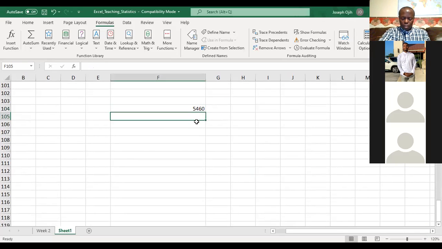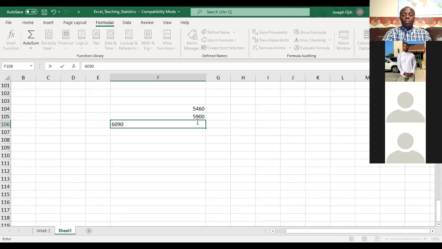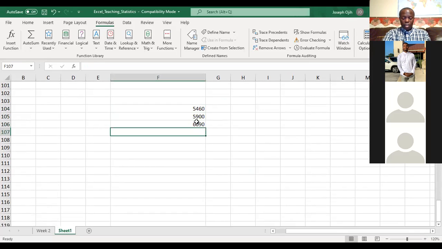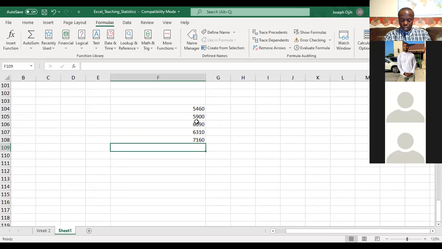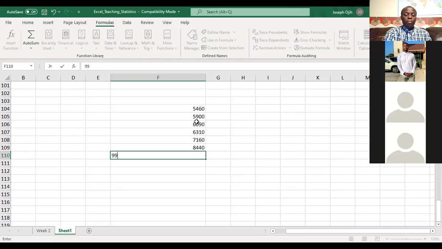Second one will be 5900. Third one is 6090. Fourth one is 6310. Fifth one is 7160. Sixth one is 8440. Seventh one, 9930.